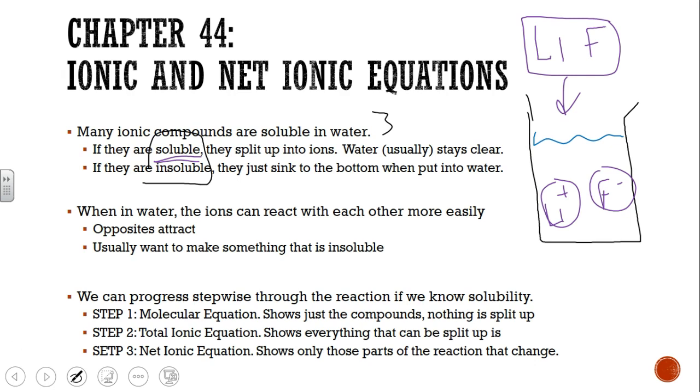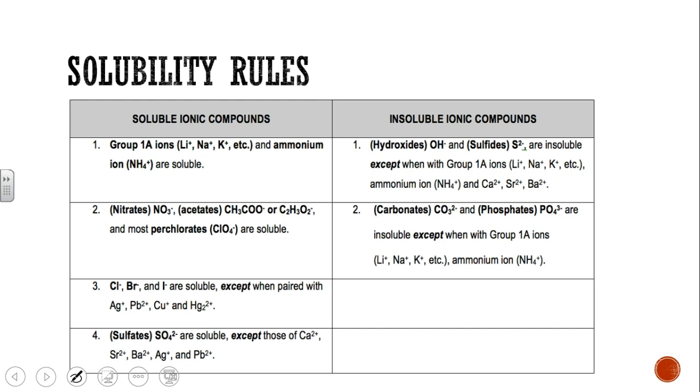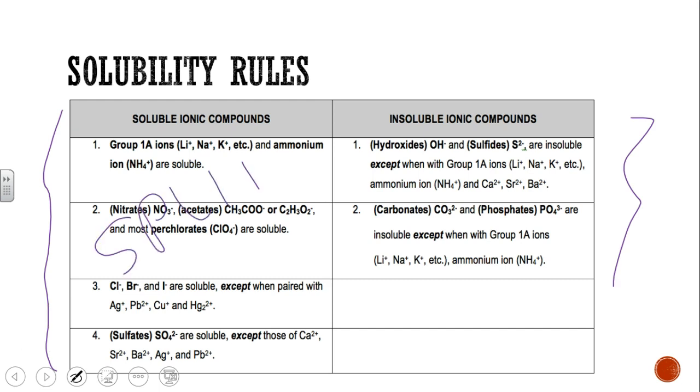Okay, so it would probably benefit us to have a solubility chart. Oh, look what I have on the next slide, which you probably know because you've already looked at the slides. But this here tells us what is soluble and what is not soluble. What will split up in water and what will not split up.